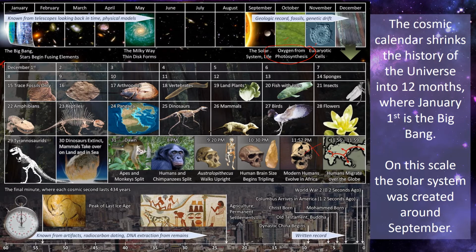So humans wouldn't have evolved until 8 minutes to midnight in December, which is amazing. Which means that if we spread down the last 60 seconds on Earth, World War II would be 0.2 seconds, 2 seconds ago. On this scale, the solar system was created around September, so our solar system wasn't created until.